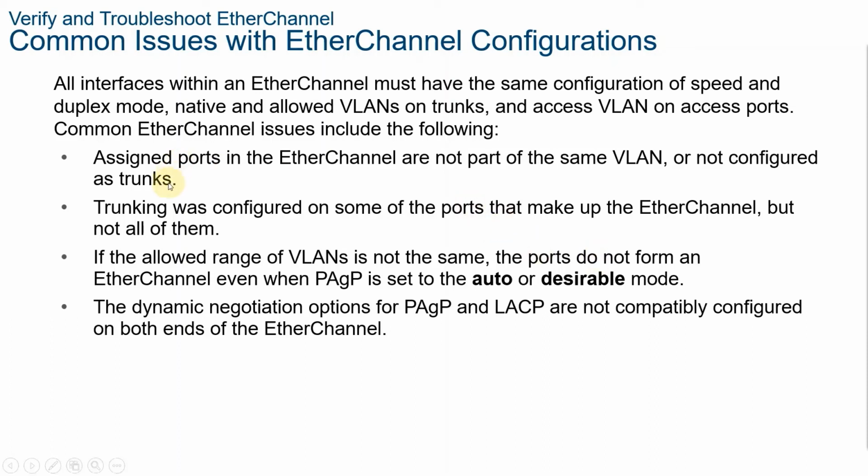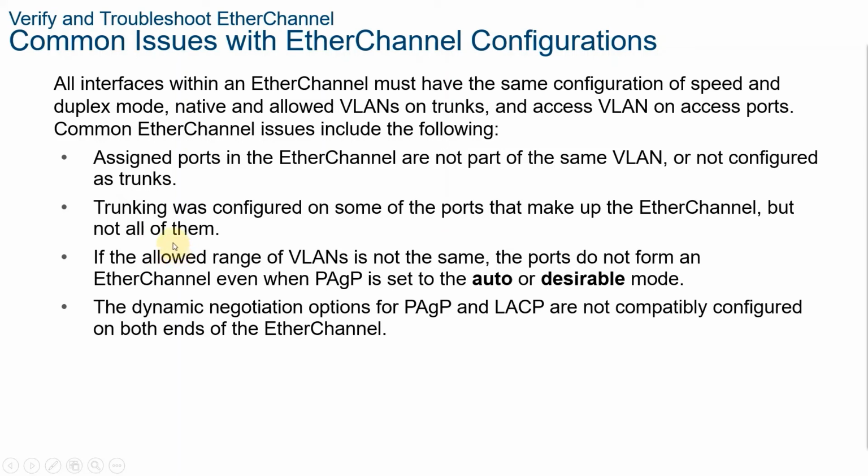First, assigned ports in the EtherChannel are not part of the same VLAN or not configured as trunks. Ports with different native VLANs cannot form an EtherChannel. Next, trunking was configured on some of the ports that make up the EtherChannel, but not all of them.